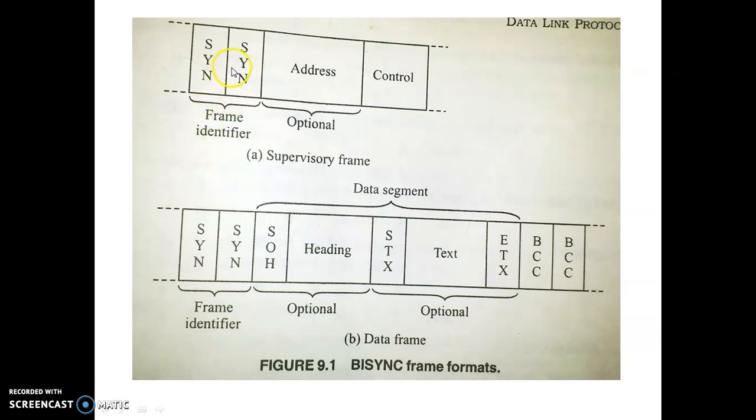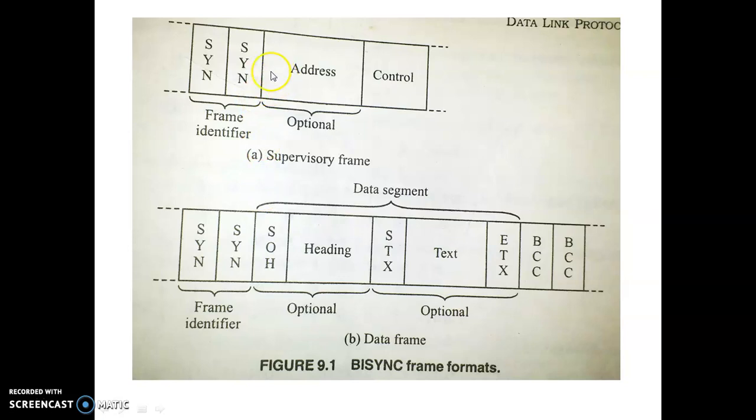First we have the frame identifier. When the synchronizing characters are received by the receiver, it will understand that a frame has come, but it still doesn't know whether it is a supervisory frame or a data frame. Okay, now the next field in the supervisory frame is the address field.